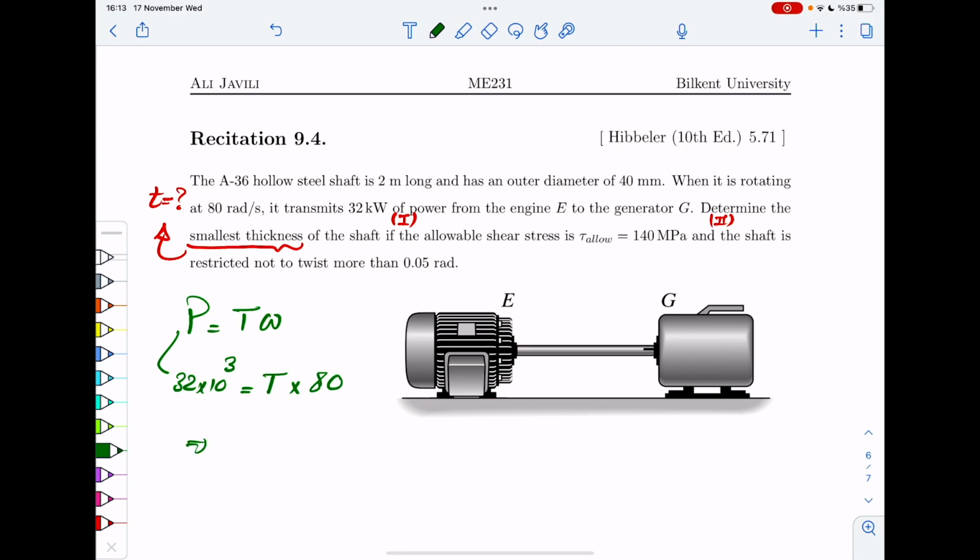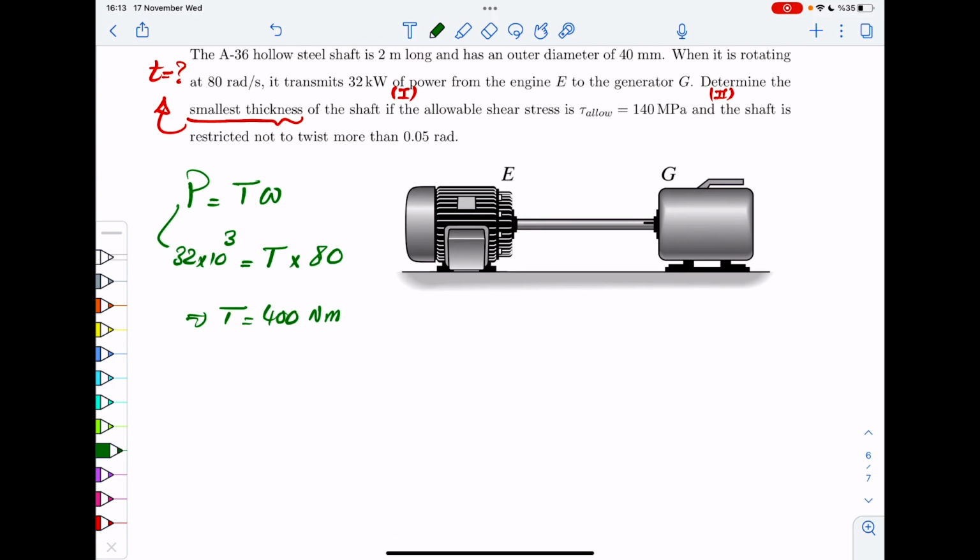So this gives us T of 400 Newton meter. Okay? So that's that.